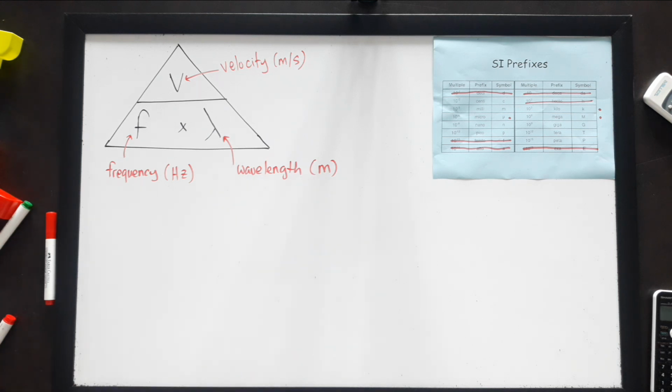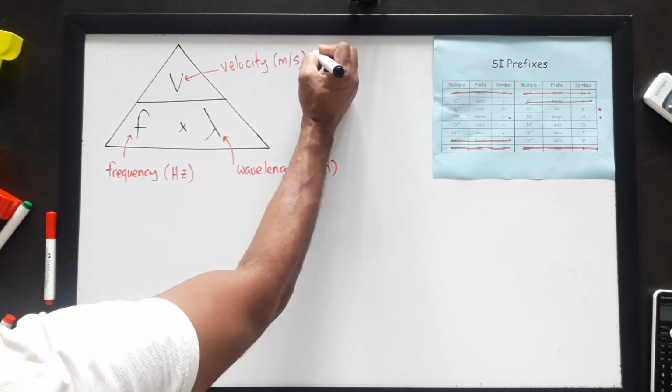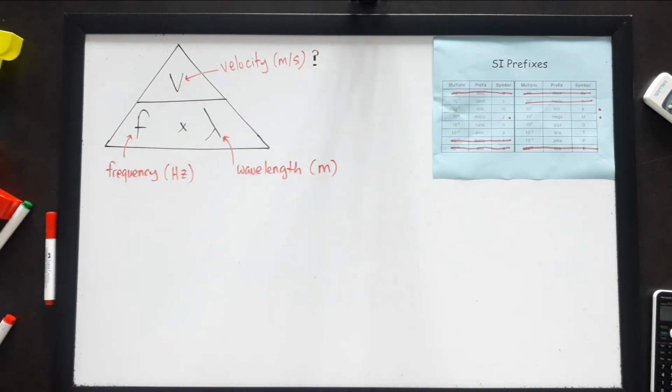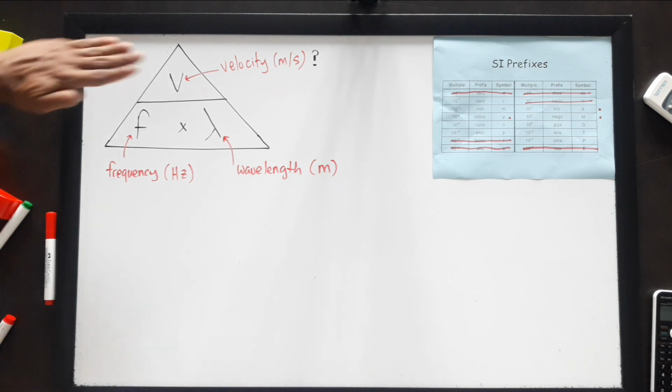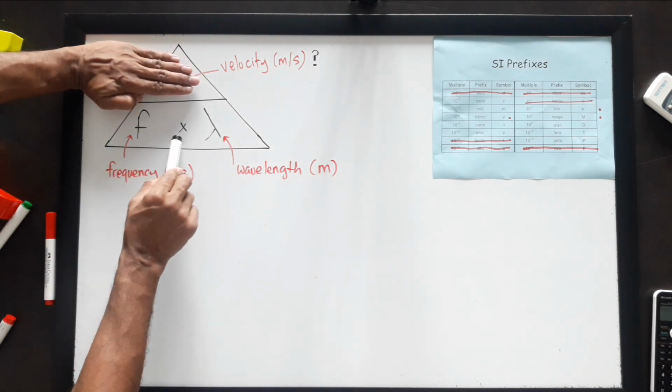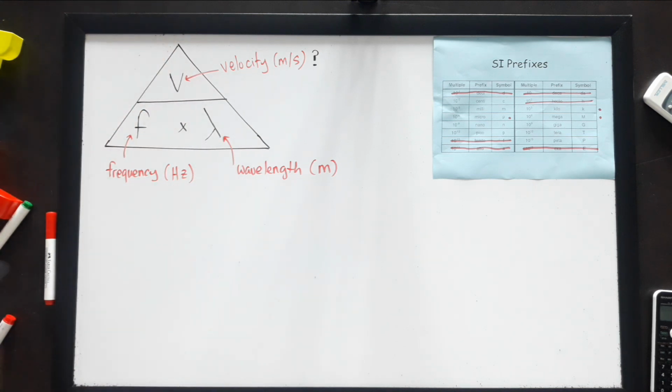So let's say one day the examiner said, hey, I want you all to calculate the velocity of a certain wave. So to calculate velocity, you need to take the frequency and multiply it by the wavelength. So he gives you the value of the frequency and the wavelength.